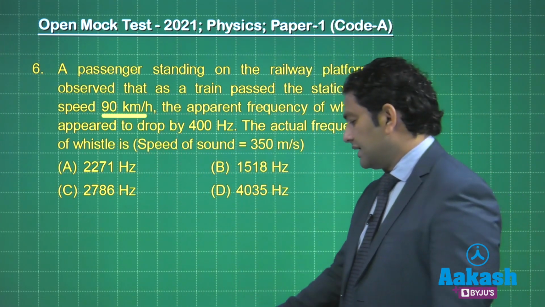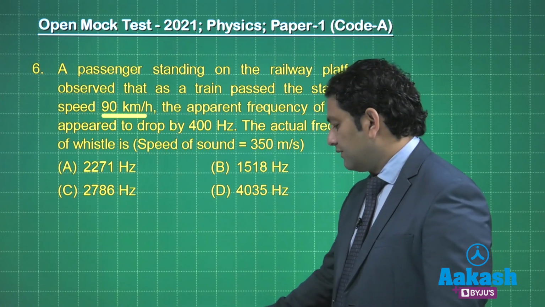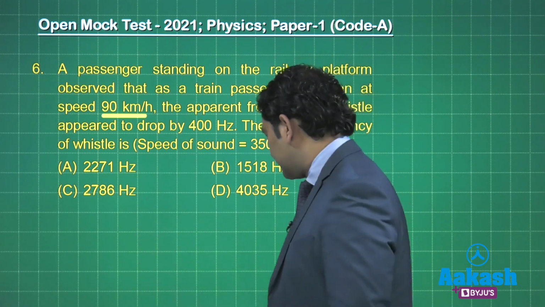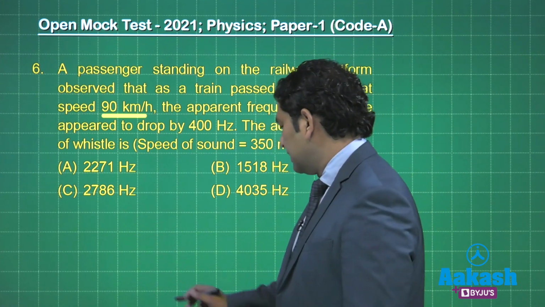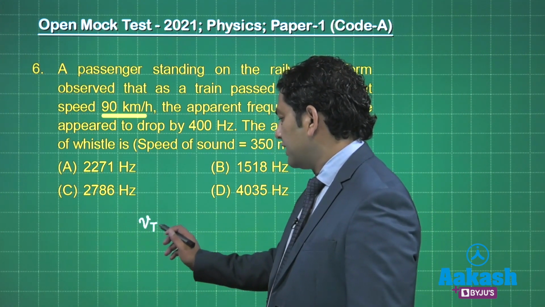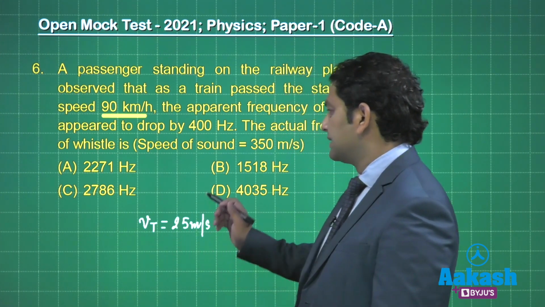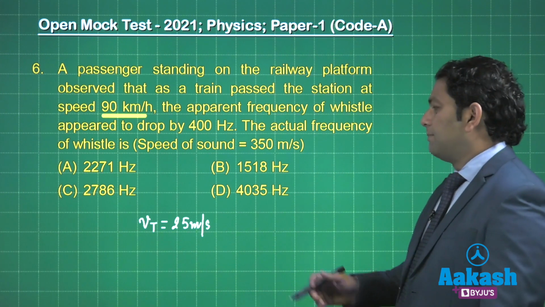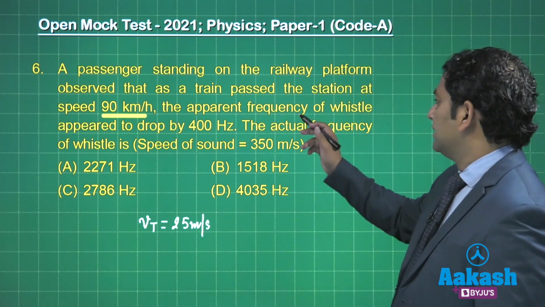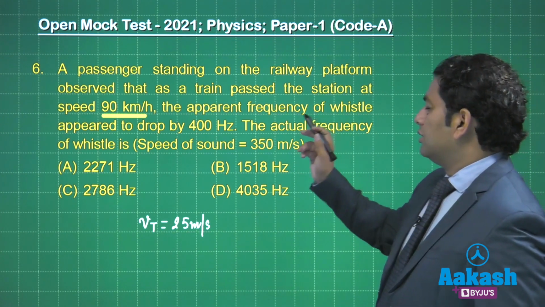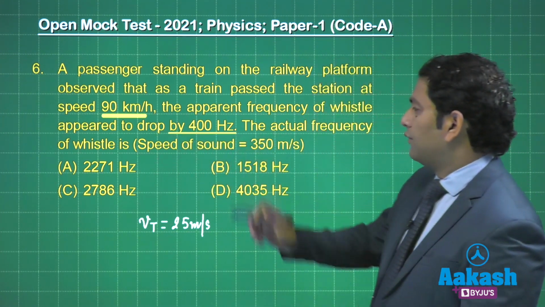So that means that's going to give how much? 5 by 18 if you multiply, 25 meter per second. So I can just start writing this, that the velocity of the train equals 25 meter per second. The apparent frequency of the whistle appears to drop by 400 Hz.